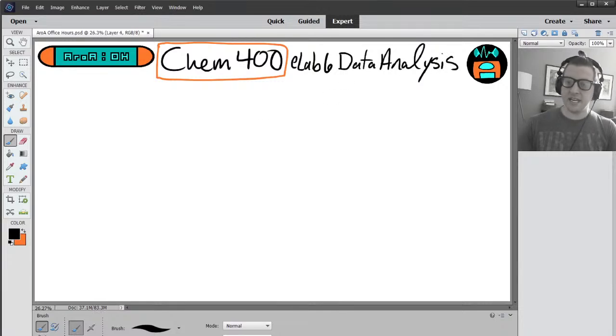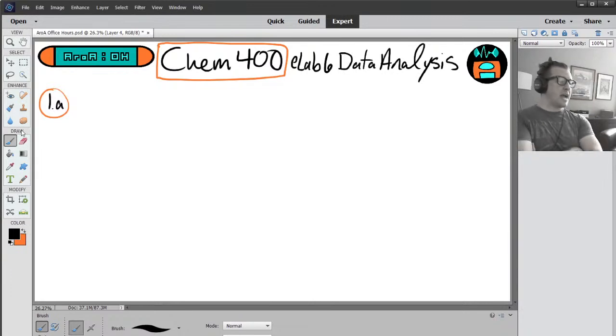So eLab 6 data analysis, and this is 1A. So they asked us, calculate the amount of heat evolved for the reaction.